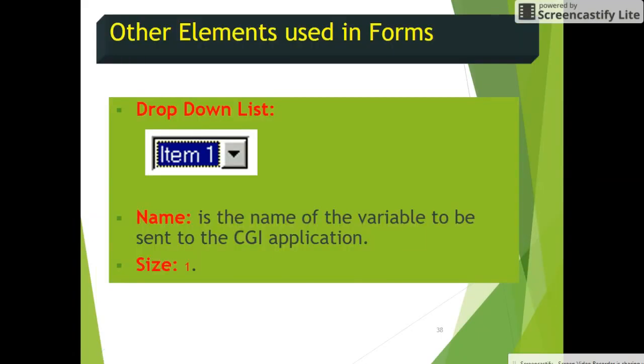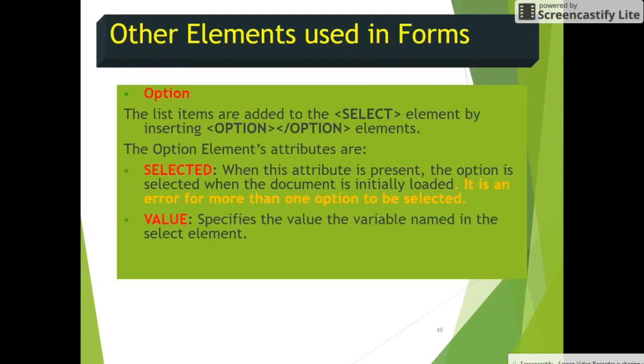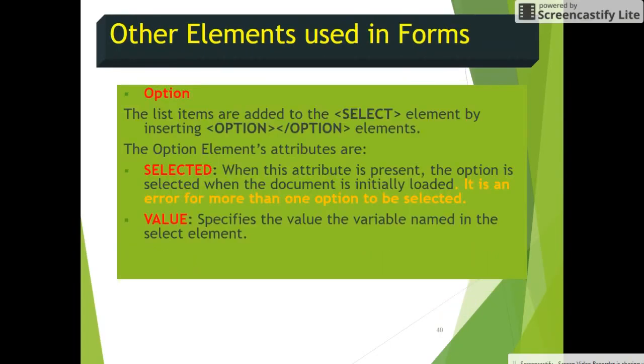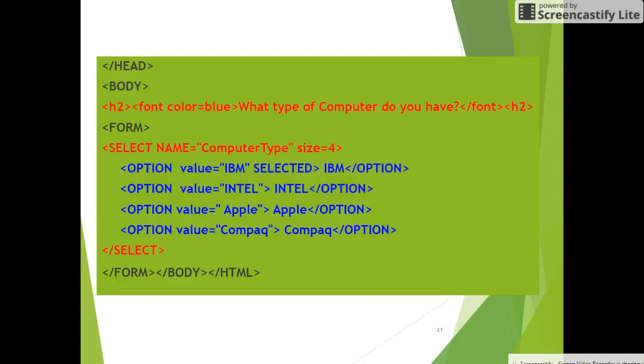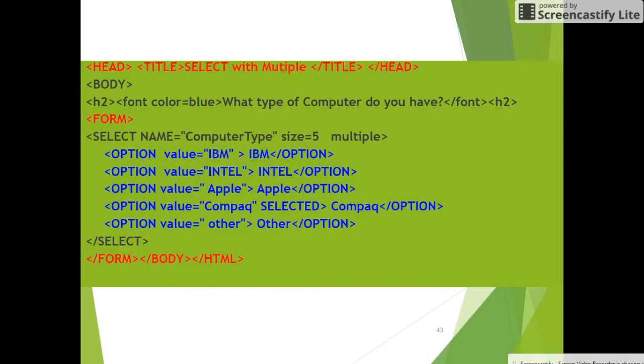Then there is a drop down list that is similar to select but can contain elements in a drop down list. It needs to have a size greater than 1. We can also have a certain value selected by default.